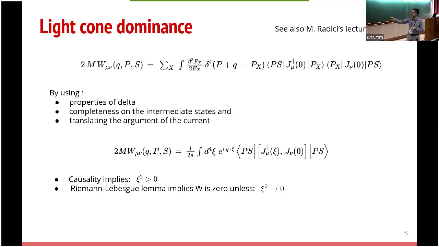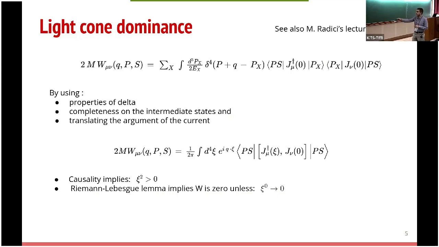So this function is different from 0 only if ψ², the distance between ψ and 0, is larger than 0: it's time-like. The Riemann-Lebesgue lemma, moreover, implies that this function is 0 unless ψ⁰ goes to 0. The technical reason was explained by Marco in his lectures. It's due to the oscillating nature of this integral.